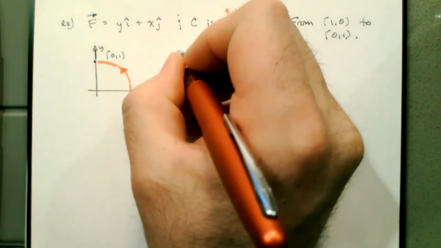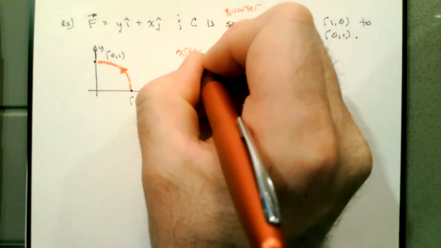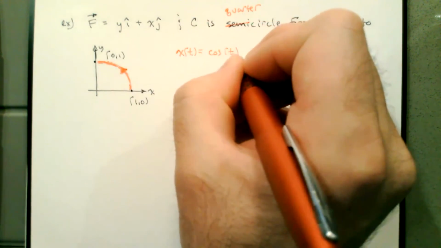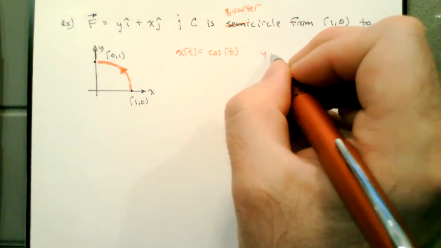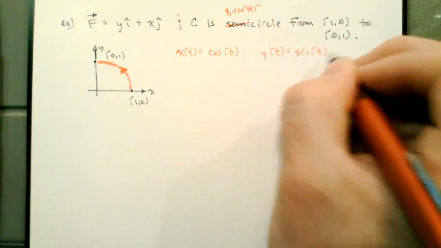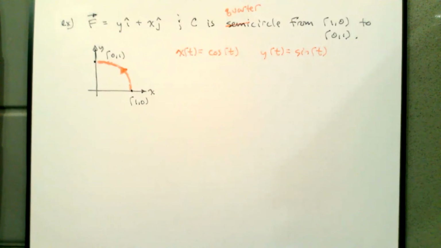x is cosine of t, and y is sine of t. The other part of the parameterization that we need are the values of t.